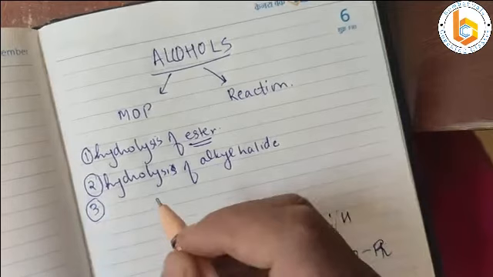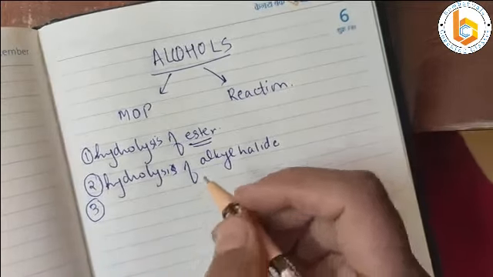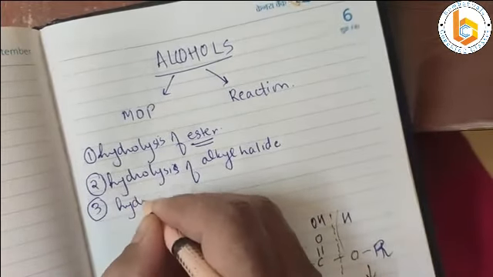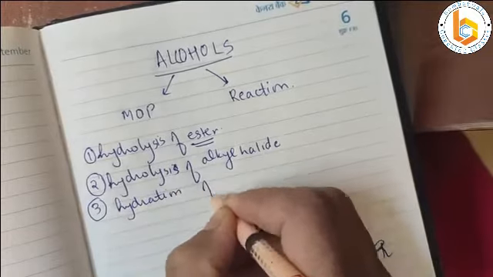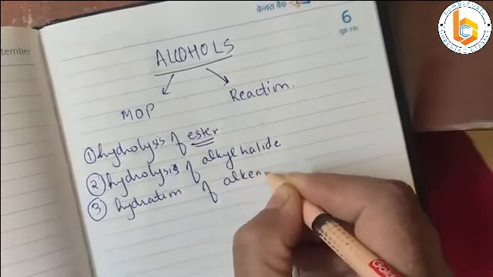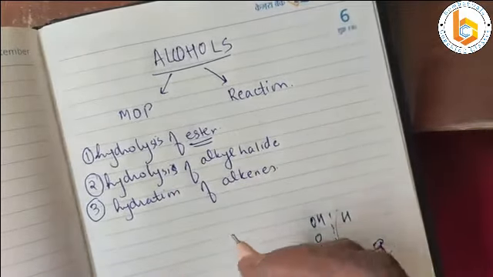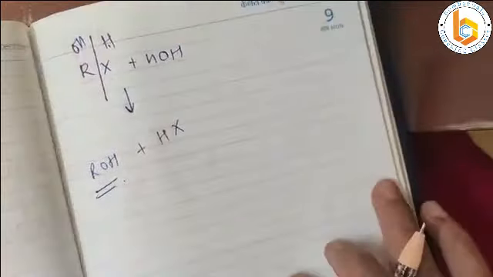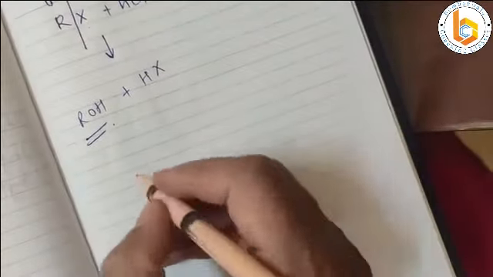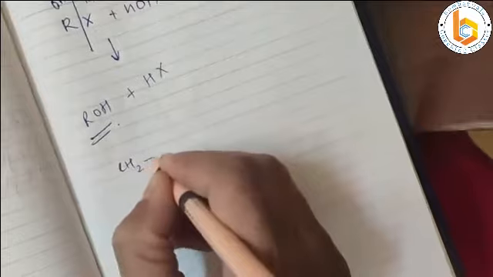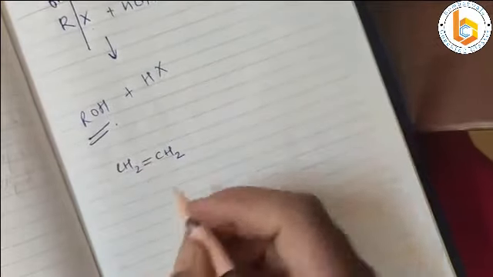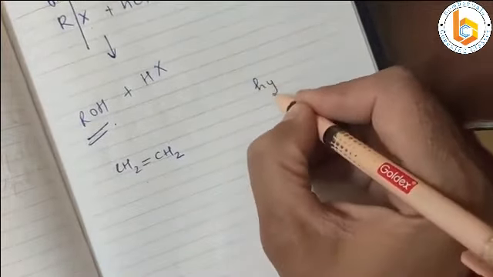Again the third method of preparation for alcohol, that is hydration of alkenes. Hydration of alkenes. What happens here when alkenes get hydrated? CH2 double bond CH2. What is hydration?